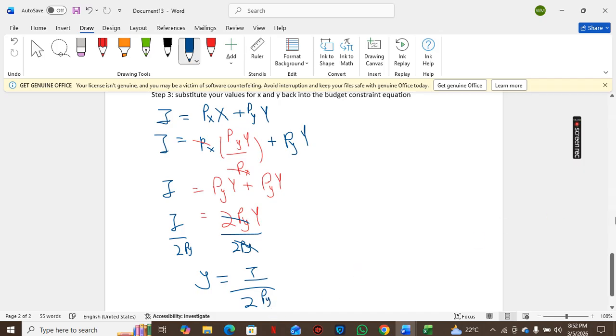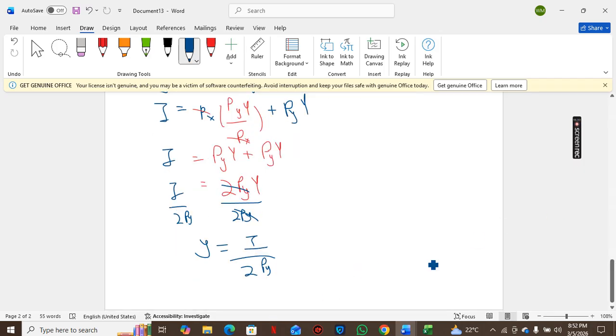This is the Marshallian demand for good y. This tells us how much of good y we can buy with our available income and the price.